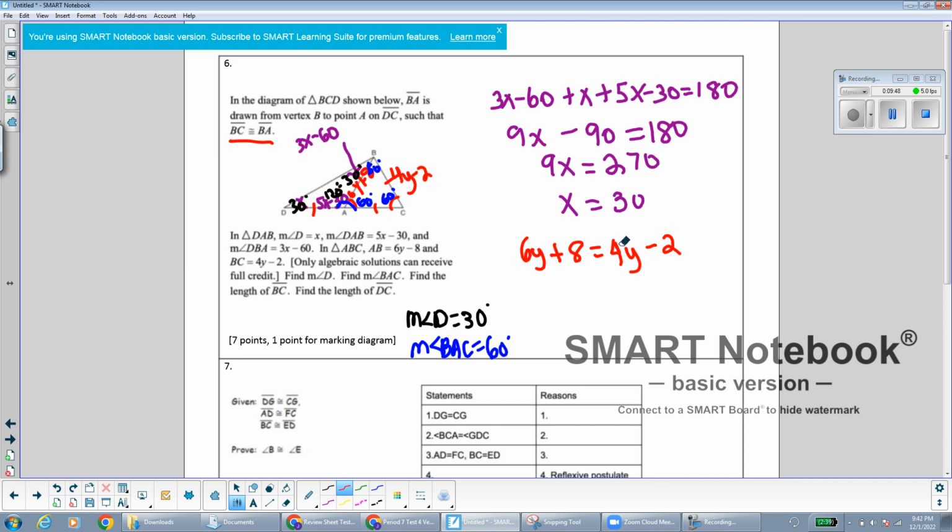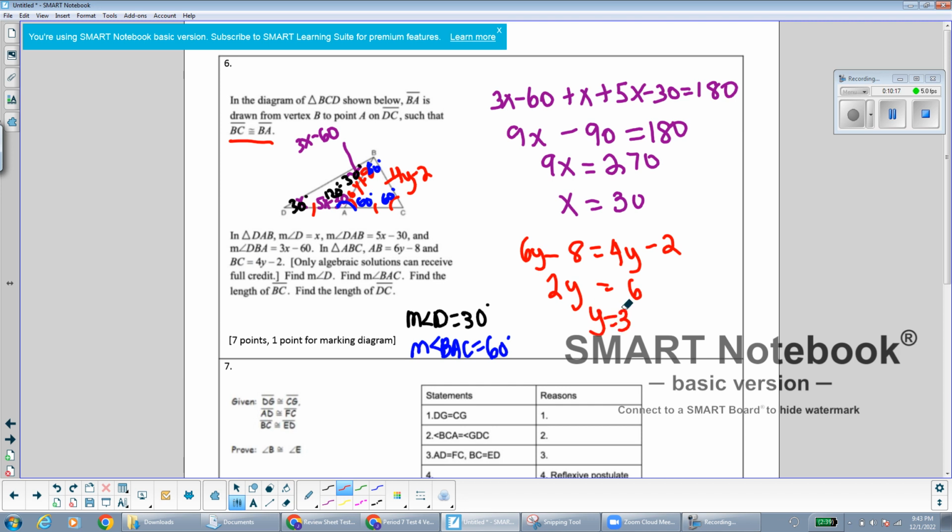Solving our equation, subtracting 4y from both sides, that's 2y. And adding 8 to both sides, we have negative 2 plus 8, which is 6. So that makes y equal to 3.